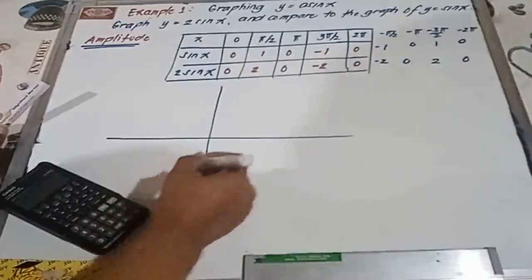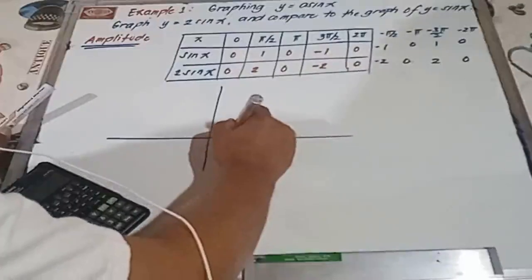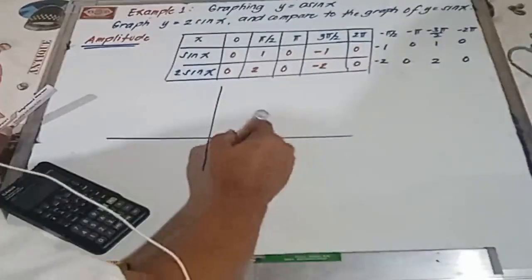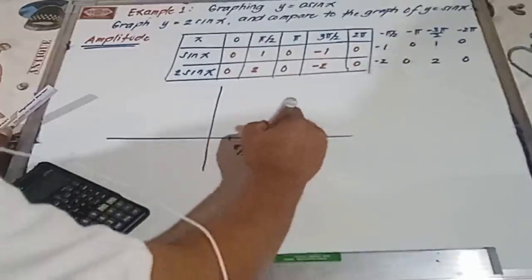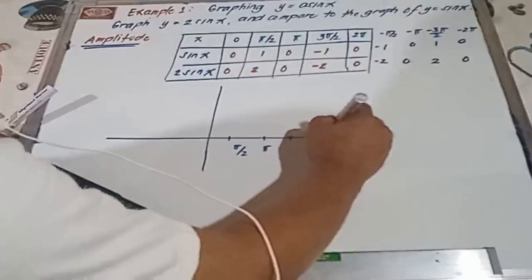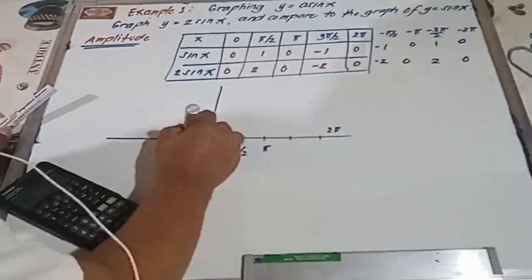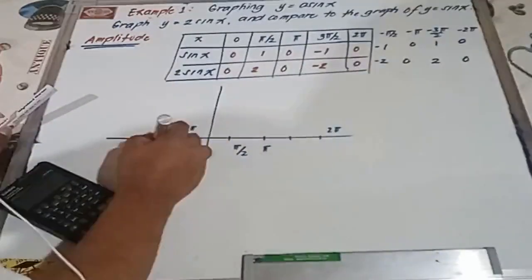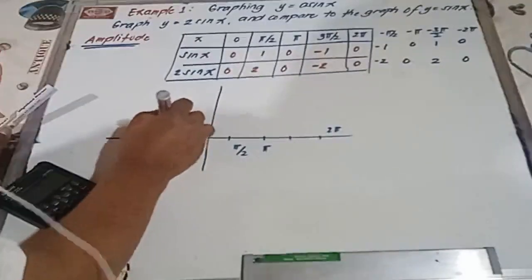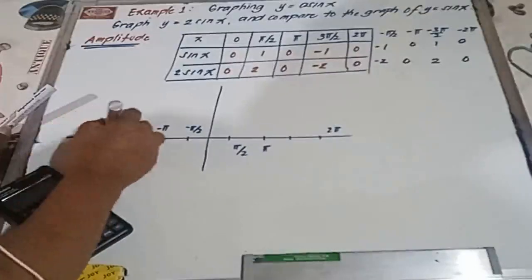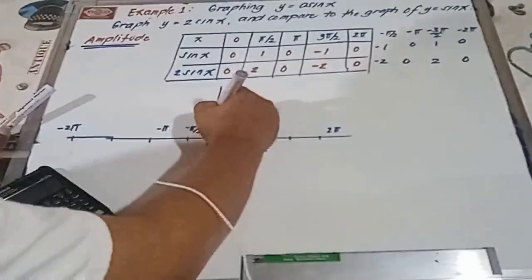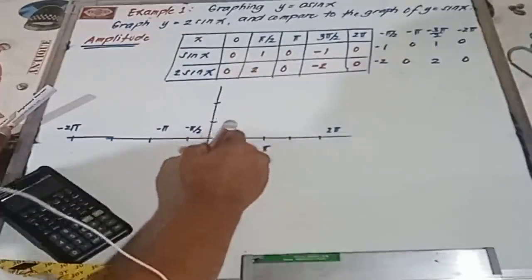So, to recap, we have pi over 2, pi, 3 pi over 2, 2 pi, negative pi over 2, negative pi, negative 3 pi over 2, and negative 2 pi.